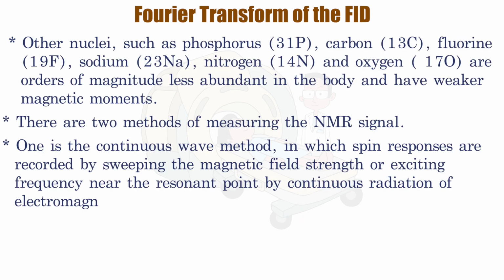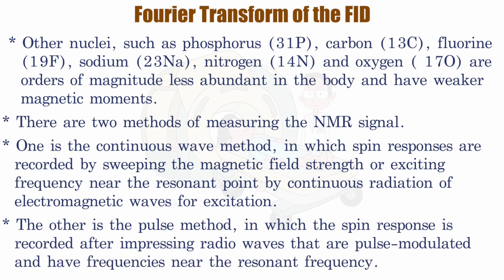Other nuclei such as phosphorus 31P, carbon 13C, fluorine 19F, sodium 23Na, nitrogen 14N and oxygen 17O are orders of magnitude less abundant in the body and have weaker magnetic moments. There are two methods of measuring the NMR signal.